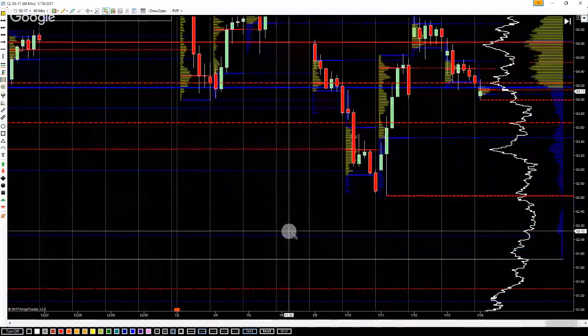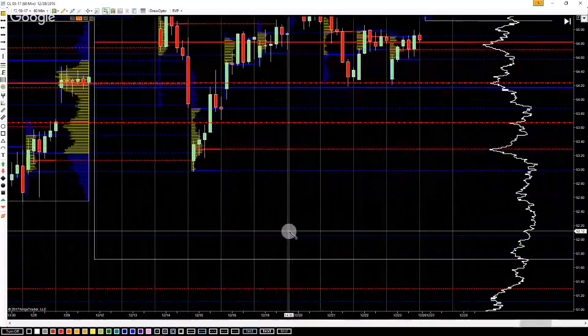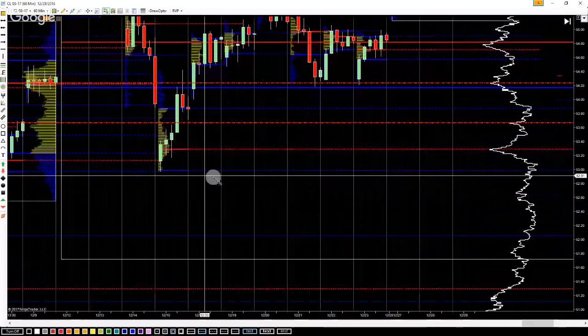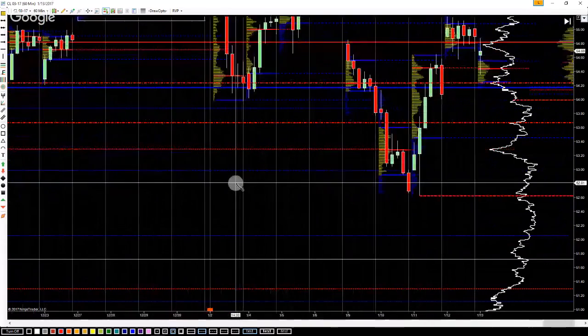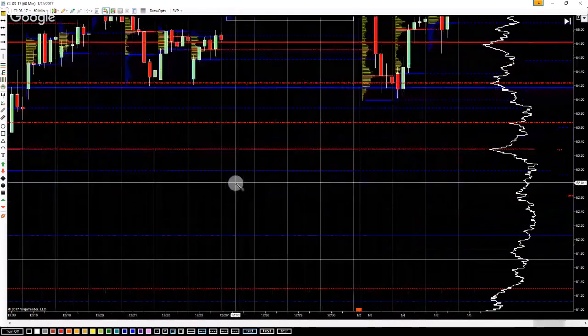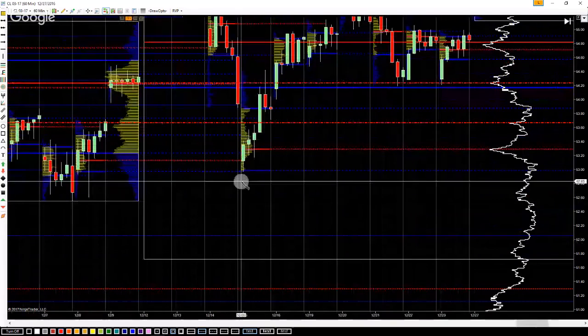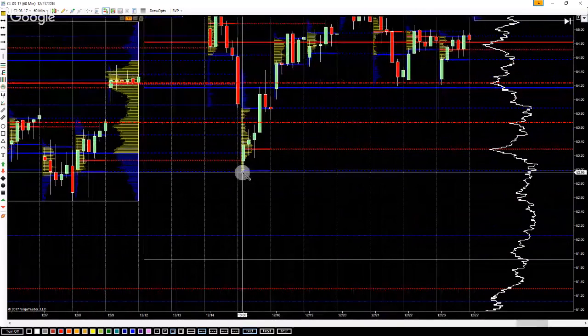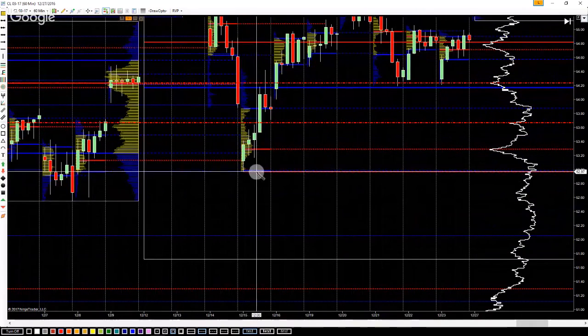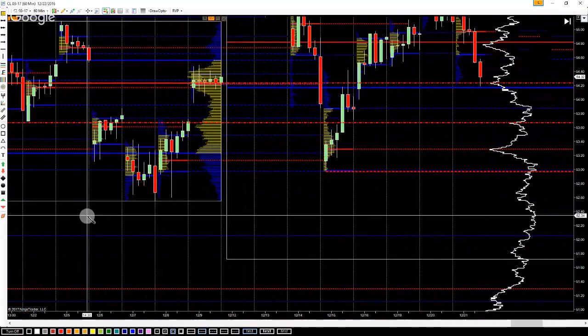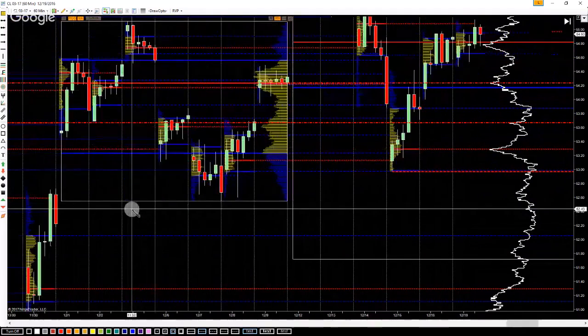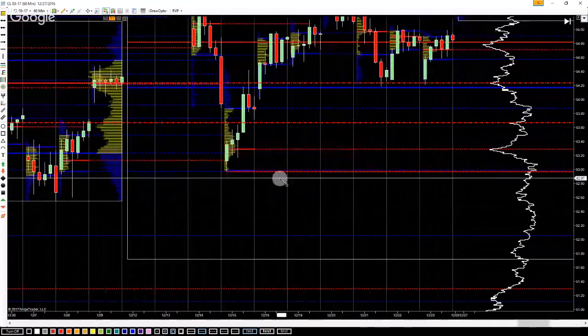Now let's scroll further back and see if there are any others that have been respected. So I'll draw them on here, and then when we move forward, we'll check them and see if they need to stay on. So that was a swing here.